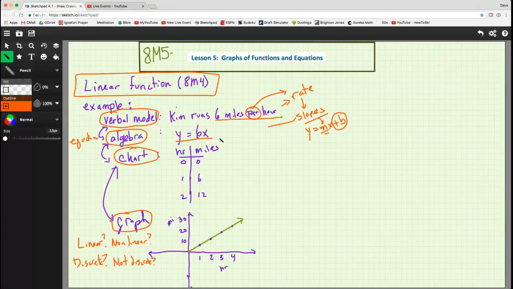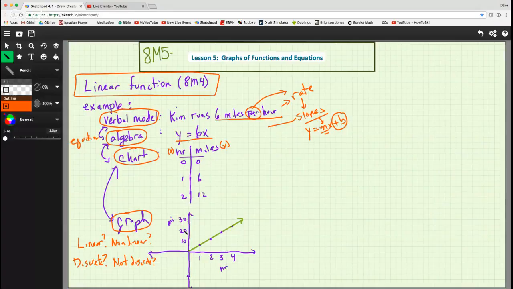Now from our equation to our chart, we just start filling in numbers. Our x is our input and our y is our output. So if x is 0, we get 0. If x is 1, y is 6. If x is 2, y is 12. Then we can go about graphing that: 1, 6, 2, 12.